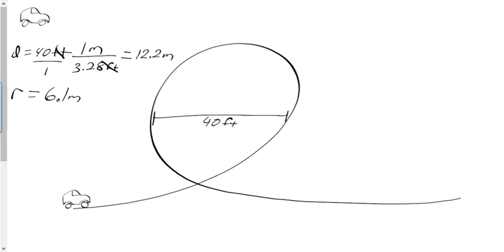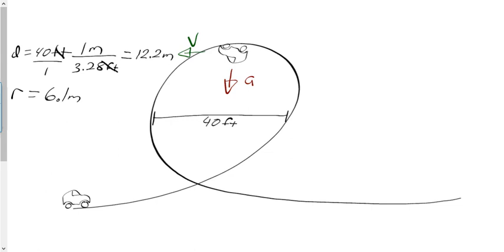With that in mind, here's the ghost image of the car. It's going to go up the track and get to the top, and it must be moving at such a speed along the tangent, in this direction with some velocity, fast enough that the acceleration towards the center of the circle must be at least enough due to the track, so that gravity isn't the only thing acting on it.